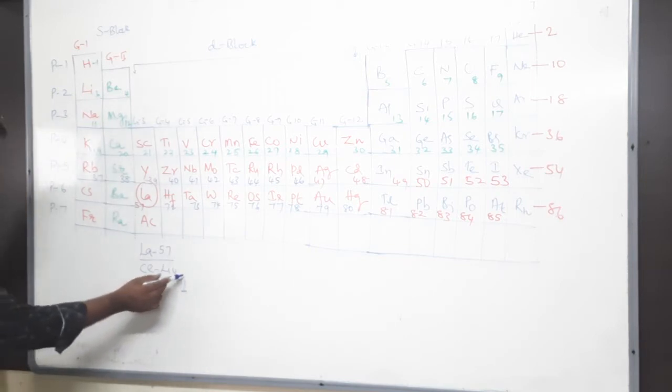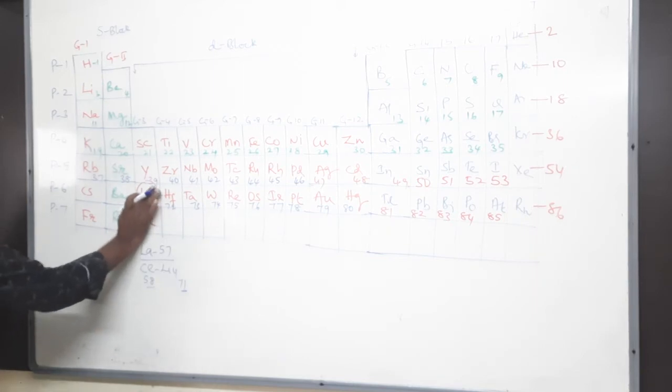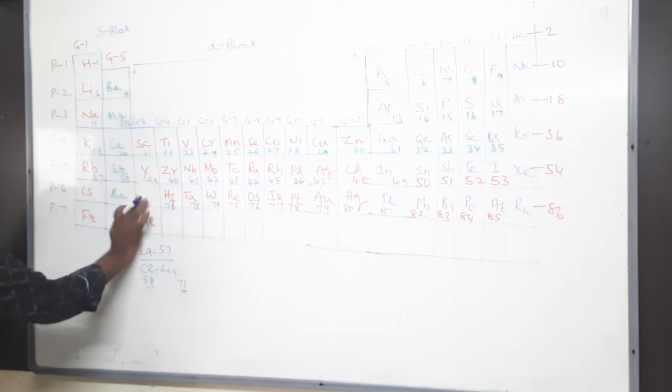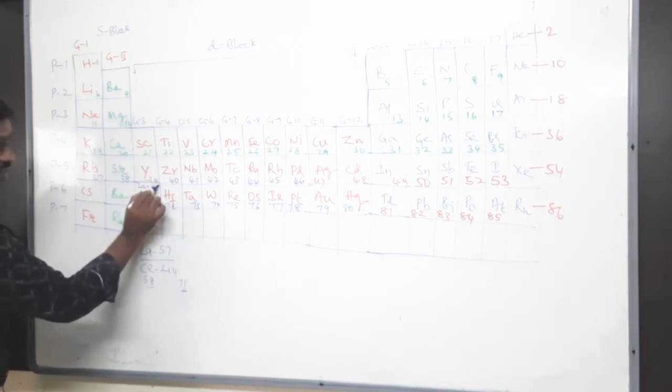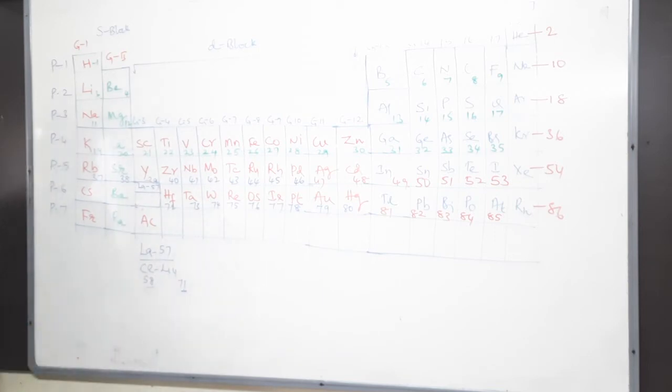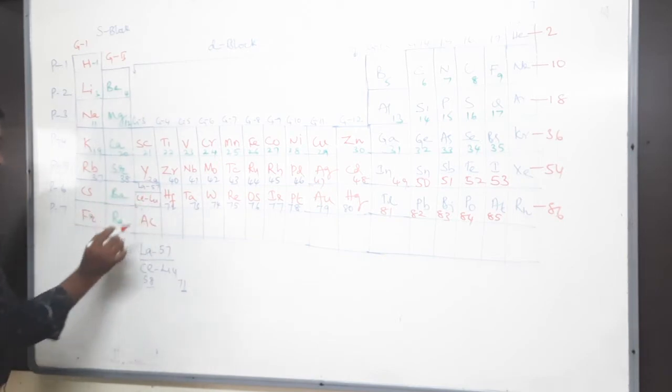All the elements from 58 to 71 are placed in the lanthanum box only. If I want to write this box clearly, in this box there is lanthanum, and its atomic number is 57. But after 57, there are a total of 14 elements, cerium to lutetium.